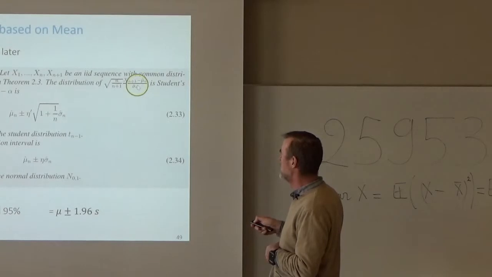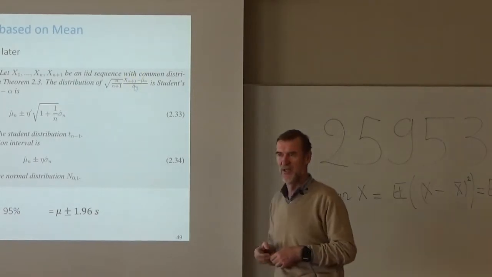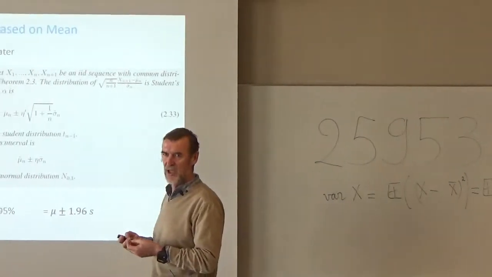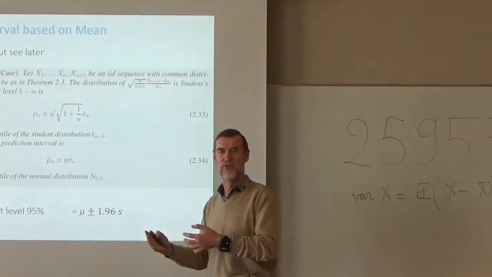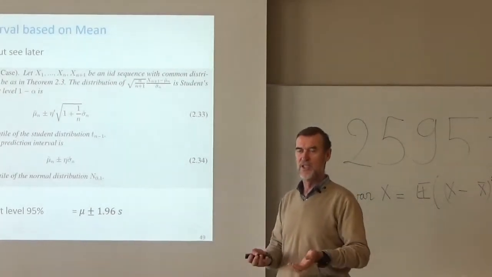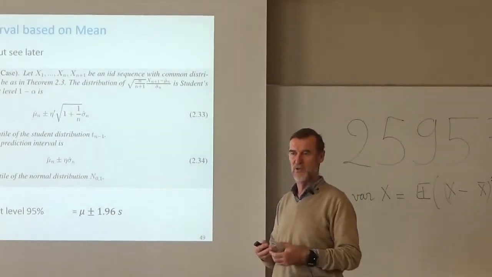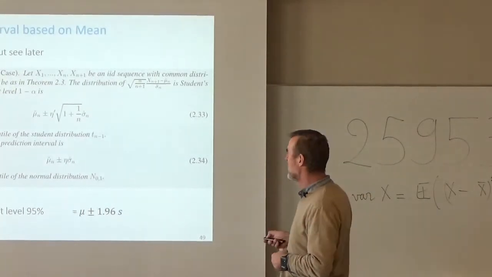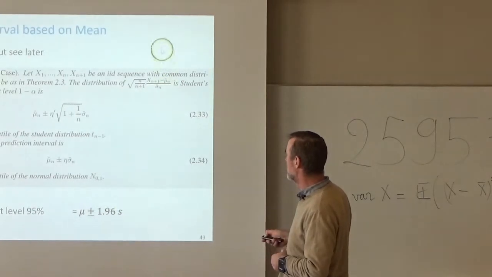If I put the true mu and the true sigma instead, it would be the standard normal, because I'm just removing the mean and dividing by the standard deviation. By removing the mean, I make the distribution central. I rescale by dividing by sigma, so I make it standard normal, mean 0, standard deviation 1. So that gives this formula here.